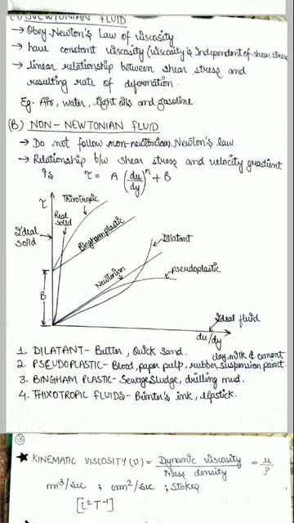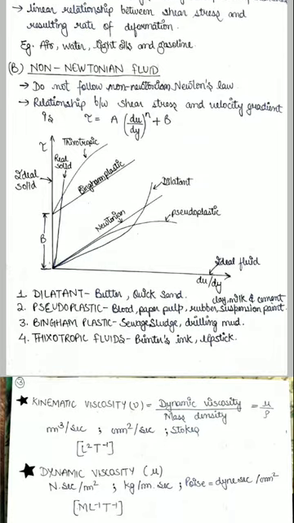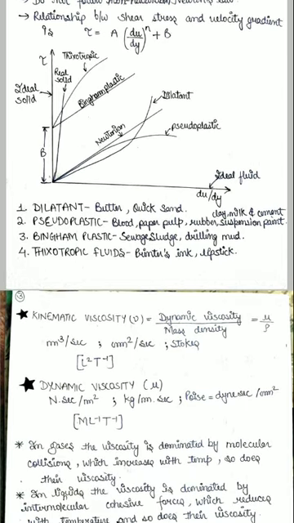Non-Newtonian fluids. They do not follow Newton's law. Relationship between shear stress and velocity gradient is given by tau equals A (du over dy) raised to power n plus B. This is a graph.